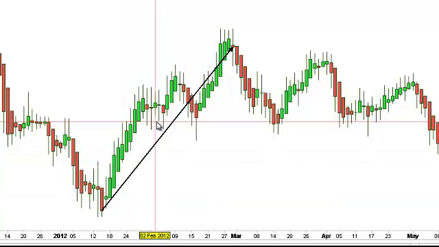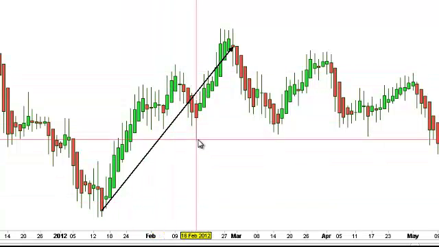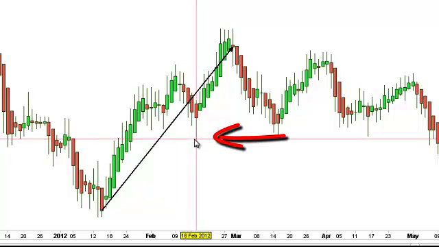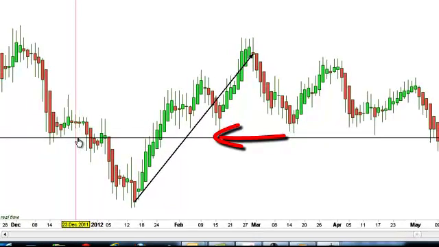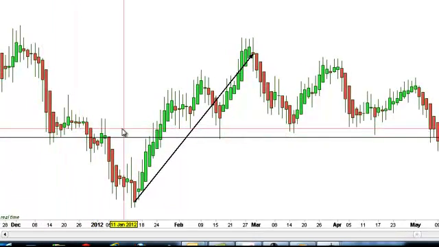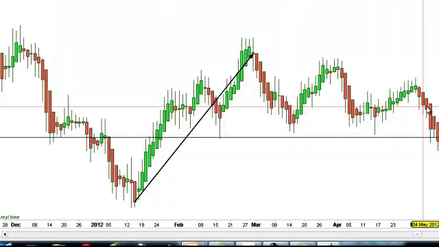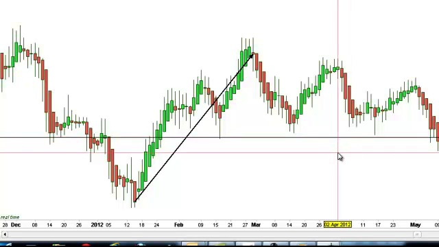You can see here, price went up, pulled back. This is called a dip in an uptrend, where somewhere down in this area, which was a key support level, and I know when you go back on the weekly and monthly charts, there's a support level here. It's right below the figure, which is the 1.3000 mark.